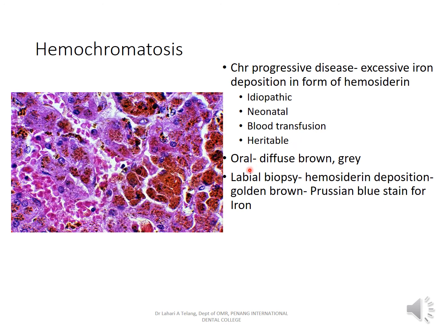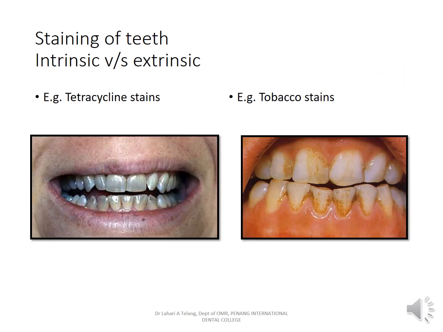In the oral cavity, diffuse brown gray pigmentation is seen, and a labial biopsy can show hemosiderin deposition, which stains golden brown with Perls' Prussian blue stain for iron. Here you can see areas of iron deposition, and hence this is the histology picture of hemochromatosis, where the sample has been stained with Prussian blue.